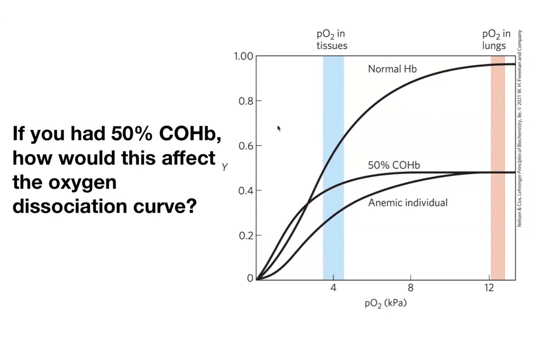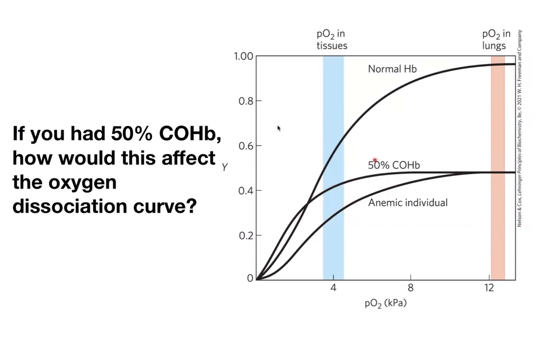So you can compare this to what would happen in an anemic individual. If they had 50% of their normal blood cell capacity, they would only be able to bind 50% as much oxygen as a normal person, similar to if you had 50% of the sites occupied by carbon monoxide. But they're still going to get their normal cooperativity, because all their sites are being bound by oxygen. And so oxygen is still going to be released into the tissues.